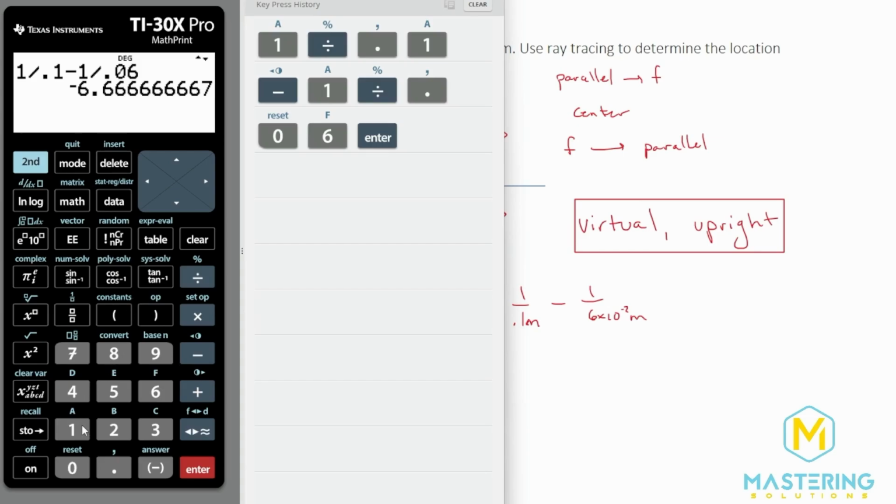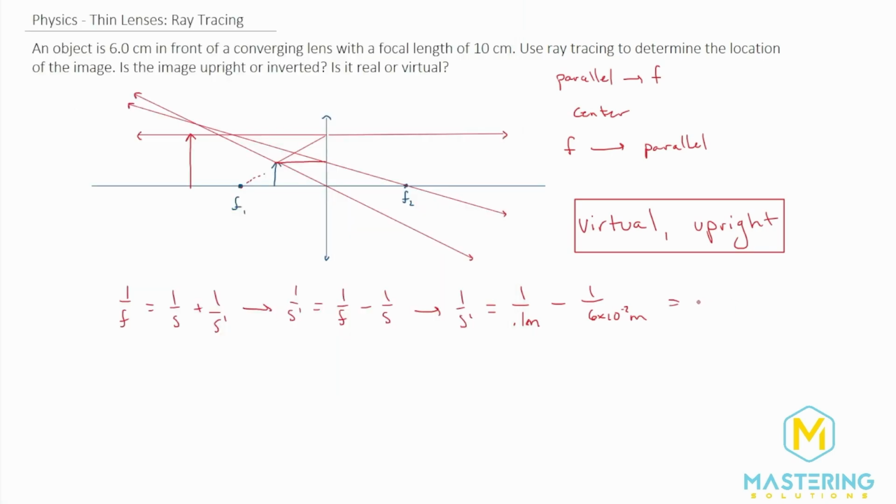But we need to take the inverse of that because this is representative of 1/s', not s' itself. So 1 divided by the answer gives us a negative 0.15 meters or negative 15 centimeters.